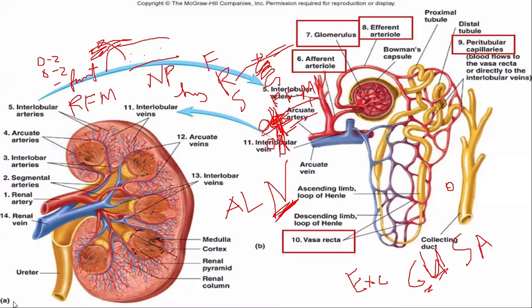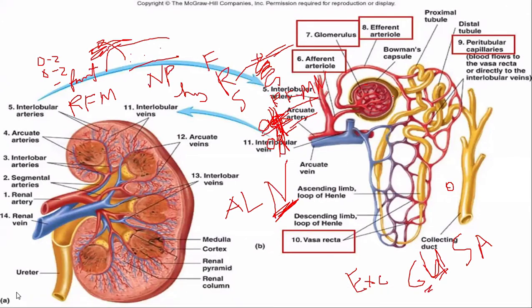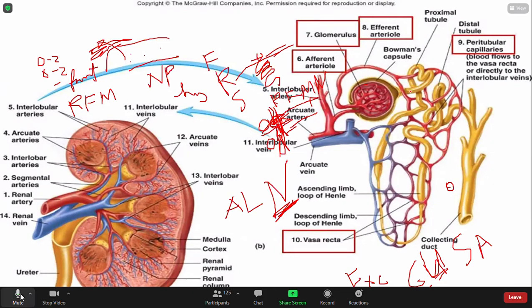Now, Dr. Cindy, continue. So we have filtrable substances. So they will now go to the proximal convoluted tubule. The greatest reabsorption of those filtered will be in the proximal convoluted tubule.